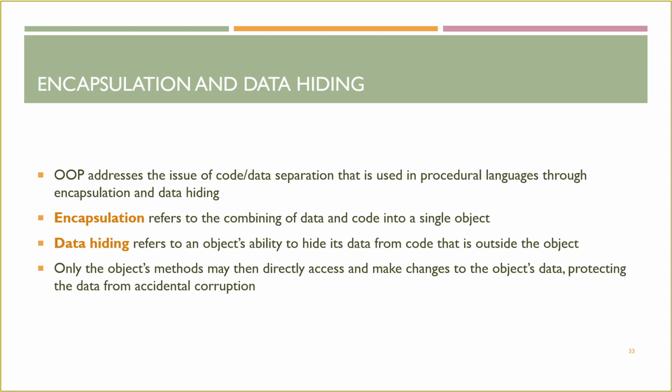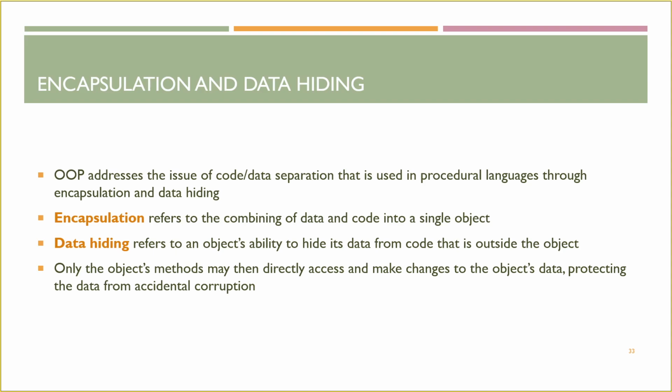We do have two more things we use in object-oriented programming. That is encapsulation and data hiding. Encapsulation lets us combine our attributes and our methods into a single object, right? So in the old way of programming, your data would have to be separate from your procedures.